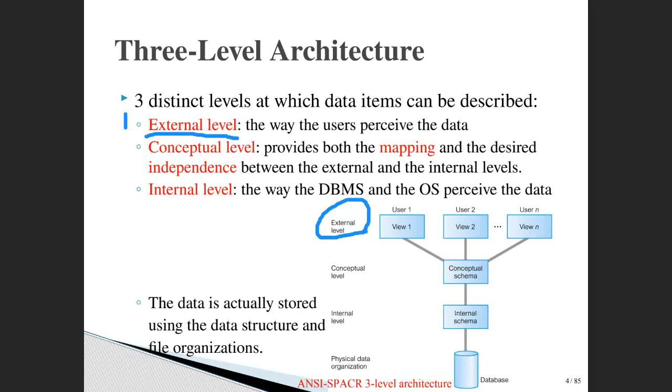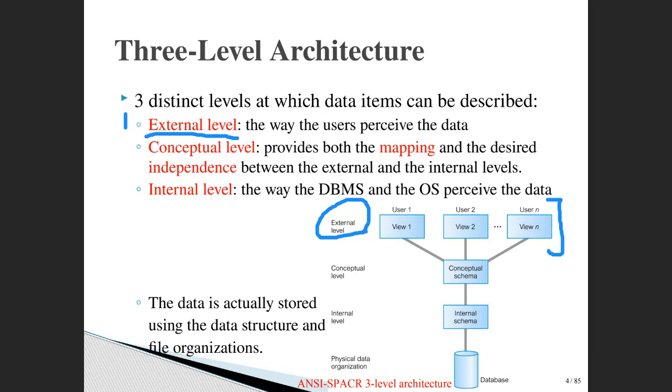So anything about the user in the real world, representing data about the user or requiring the interface of, let's say, views of every user, will be called external level. All right, so it's describing the way the users perceive the data.